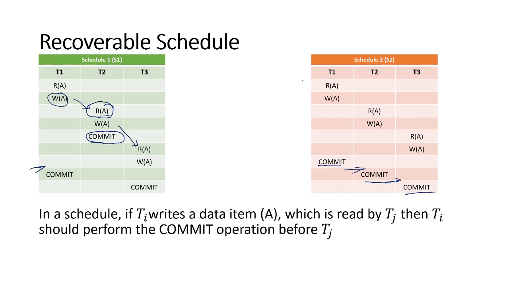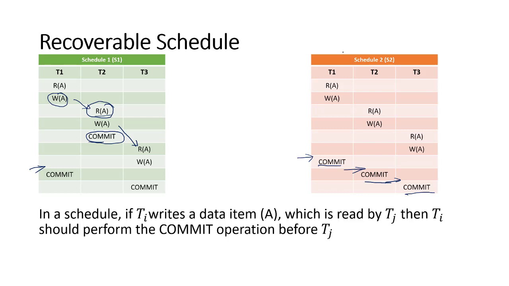Now if T1 fails, we need to roll back T3, then T2, then T1, but we can recover the database in a consistent state. So in this schedule 2, we can see that it is a recoverable schedule.